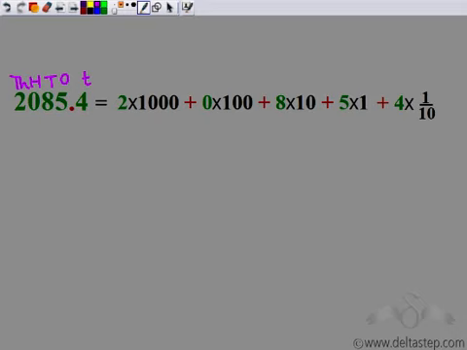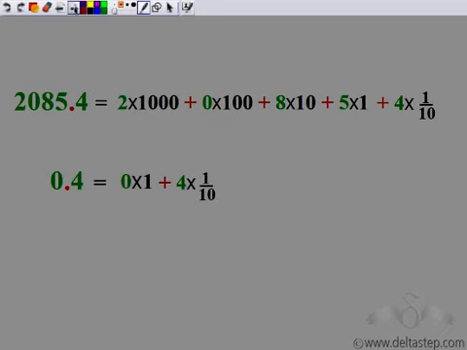Plus we can add this also similarly. Tenths actually imply 1 by 10. So the column multiplier for tenths is 1 by 10. So similarly I can write 4 times 1 by 10. That is 4 tenths. So that's how I can expand a decimal number.